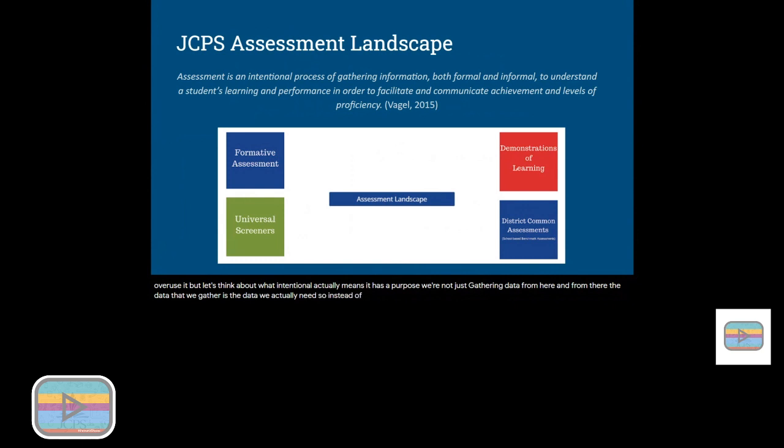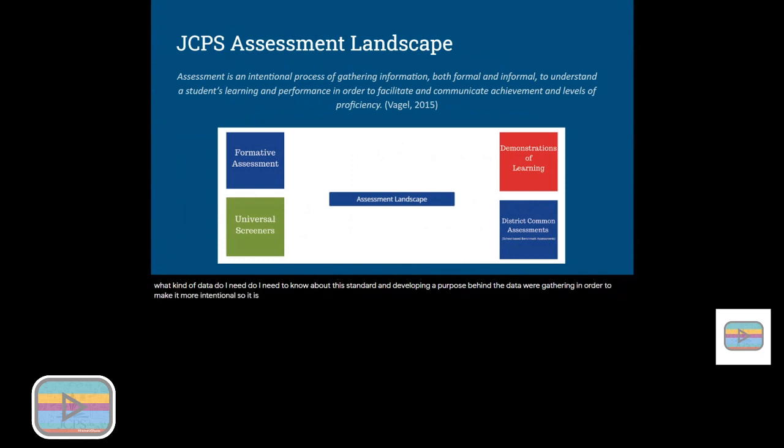So instead of going into the dark and just saying, I need another grade, I'm going to have students do this, we come from a different view in our glasses, a different perspective, and think, okay, instead of just gathering anything, what kind of data do I need? Do I need to know about this standard? And developing a purpose behind the data we're gathering in order to make it more intentional.